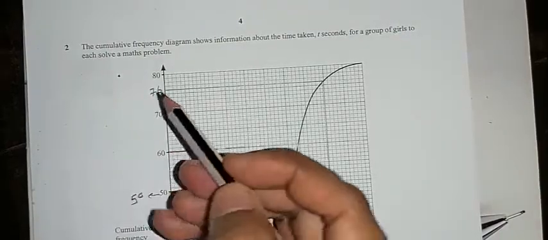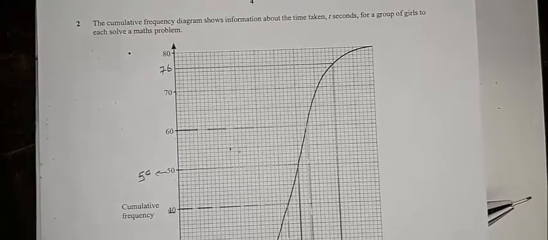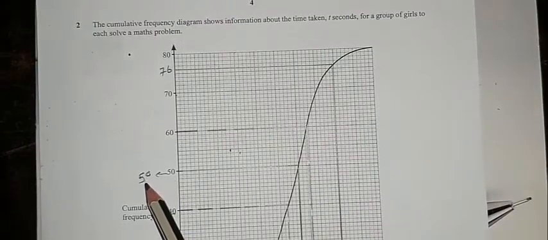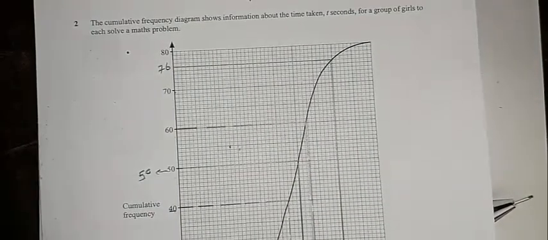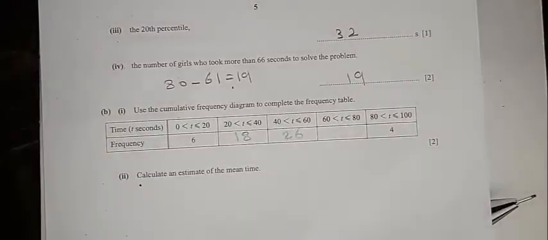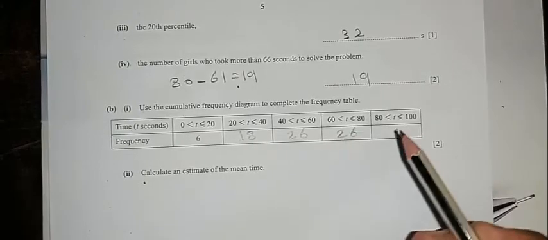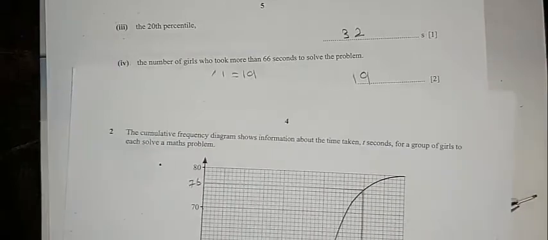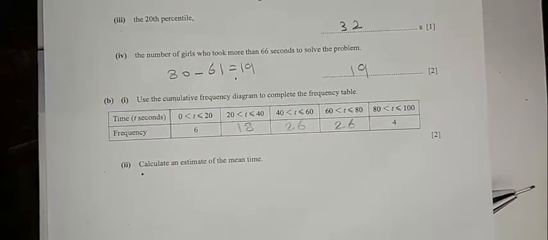To find the frequency of this class from 60 to 80, it's 76 minus 50, which is 26 also here. And sure, the last class will be 4, from 76 to 80. Here is 4. We finished this part.